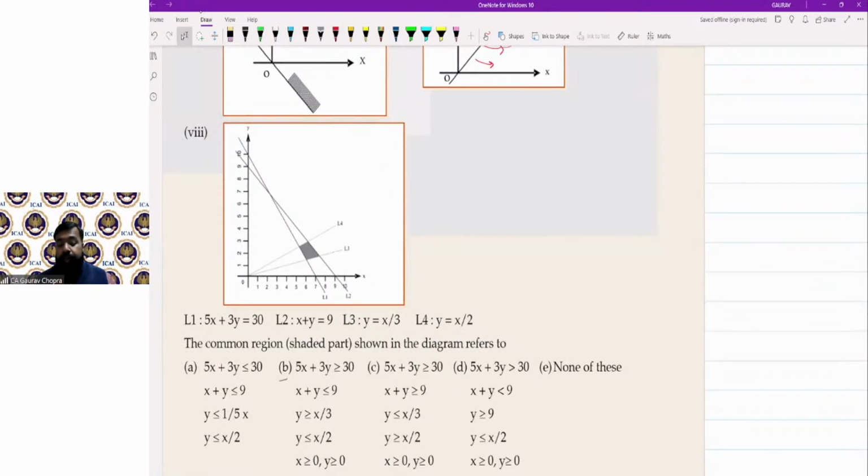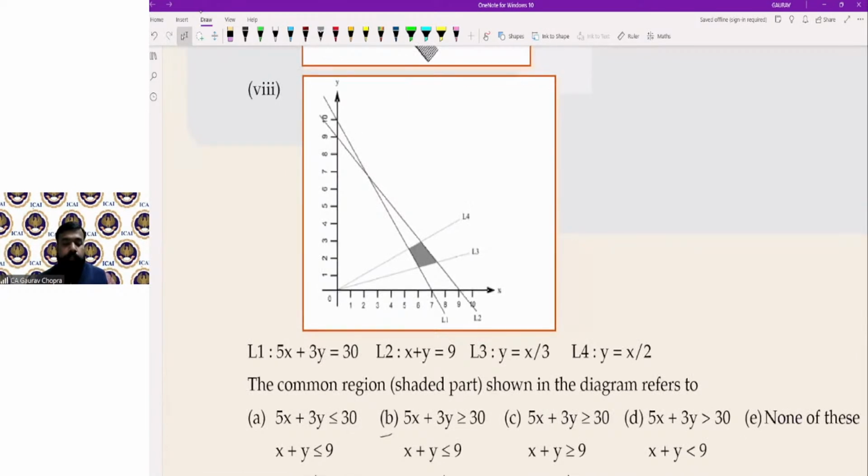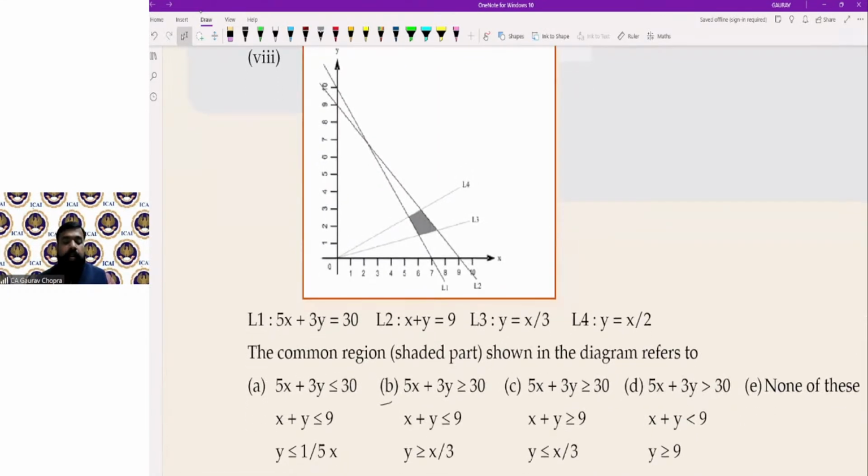Eighth. Now, in the eighth, there are 4 lines. So we have to be very careful which option will be correct. Line 1 is 5x plus 3y equal to 30. Then equal to 9, x by 3 and x by 2. So all are converted into equal to. And now you have to find which signs are correct, less than or more than.